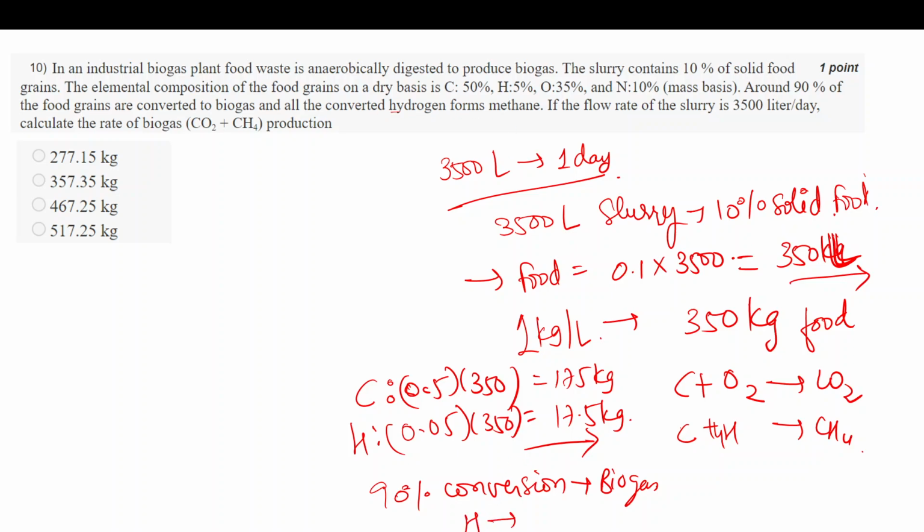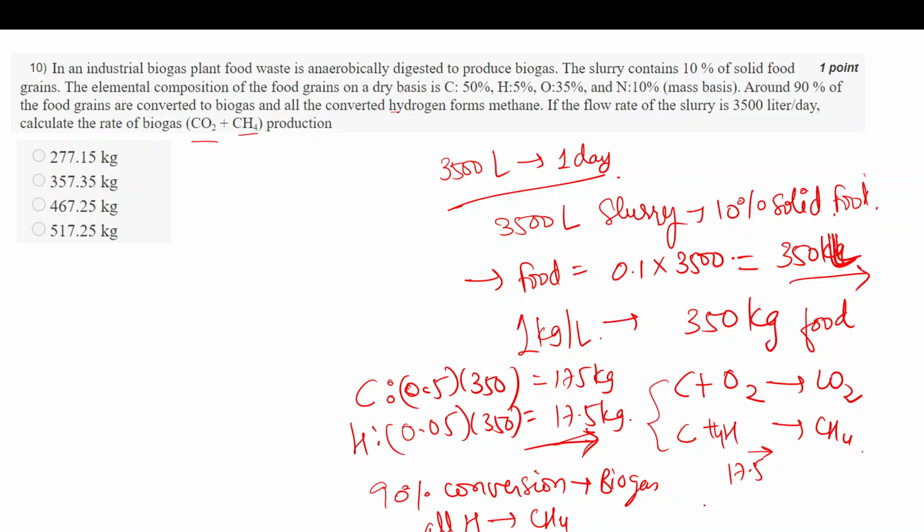So all the hydrogen is used up to form methane. Biogas could comprise both carbon dioxide and methane. To form the basis, we can say that the entire 17.5 kg of hydrogen is used to form methane, because carbon can be used in both reactions, while hydrogen is only used in the second reaction.